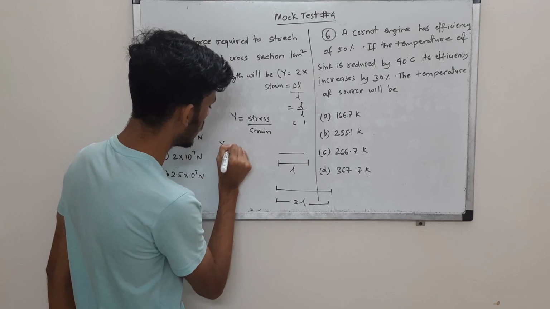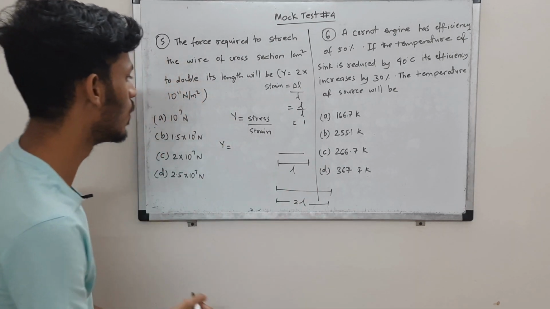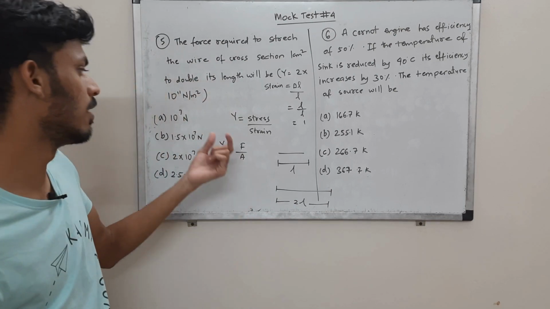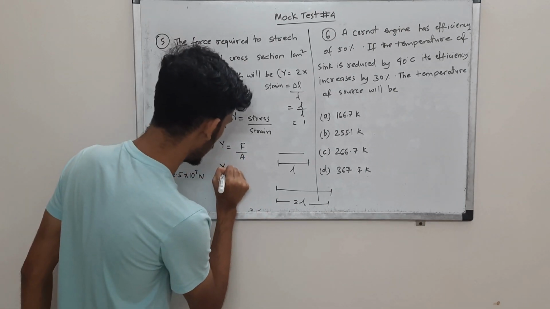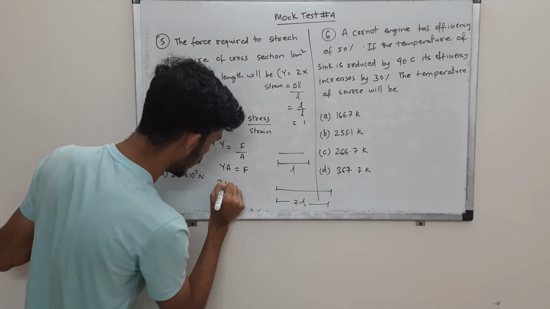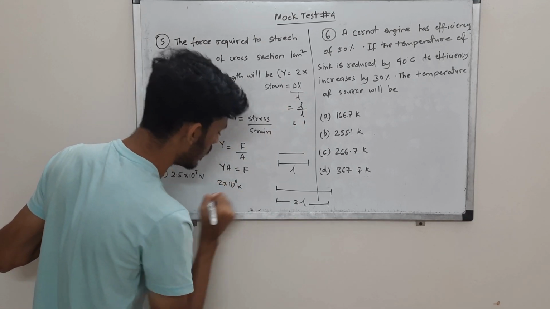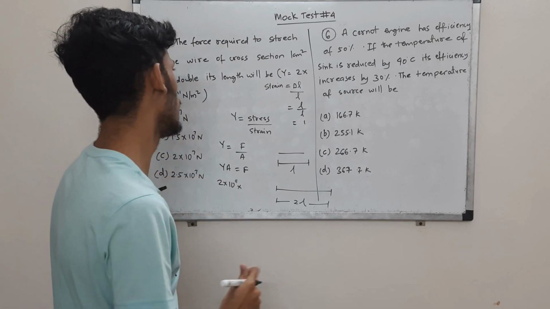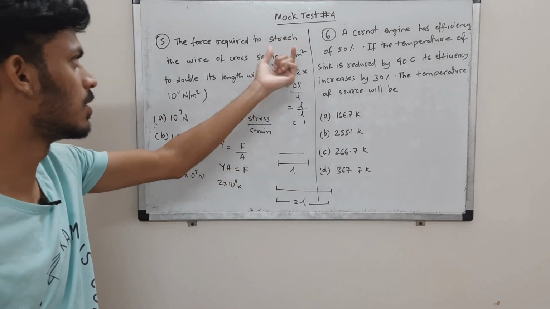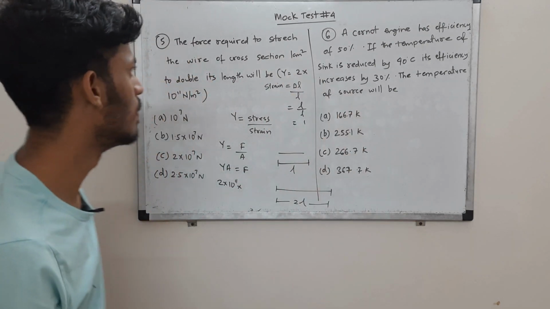So your Young's modulus will be just numerically equal to your stress. Stress is force by area. So you are supposed to find force. So force will be Young's modulus into area. The Young's modulus is given as 2 into 10 to the power 11. Now this is in newtons per meter square, right? You also want the answer in newtons. So you want the area to be converted into meter square.